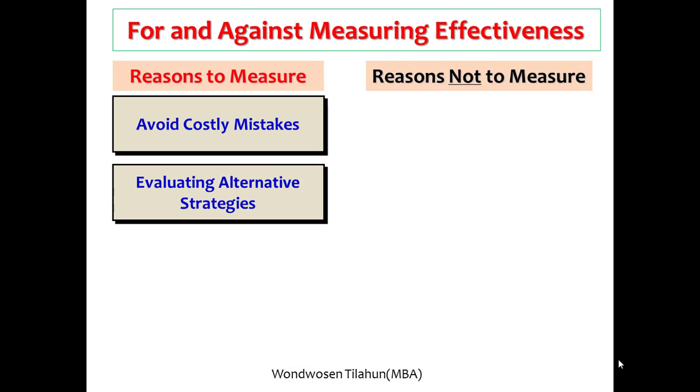The other one is they can also evaluate alternative strategies. Sometimes we can combine various communication tools so as to come up with a better communication effect. So in this case, when we measure the effectiveness of the entire communication program that we undertake, it becomes the very input to evaluate alternative strategies, which means which one of the promotion programs, like the sales promotion, the personal selling, the public relations, or the advertisement, may bring better results.